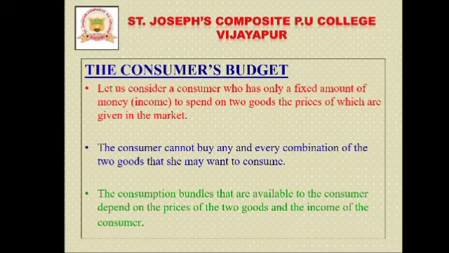That means each consumer has clear-cut preferences for the goods and services available in the market. So for the satisfaction of these desires, they must have their own budget, so we can discuss in detail this consumer's budget.